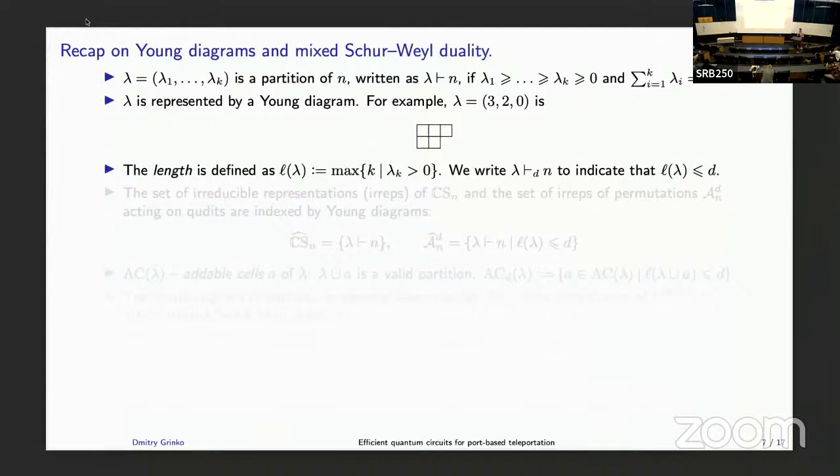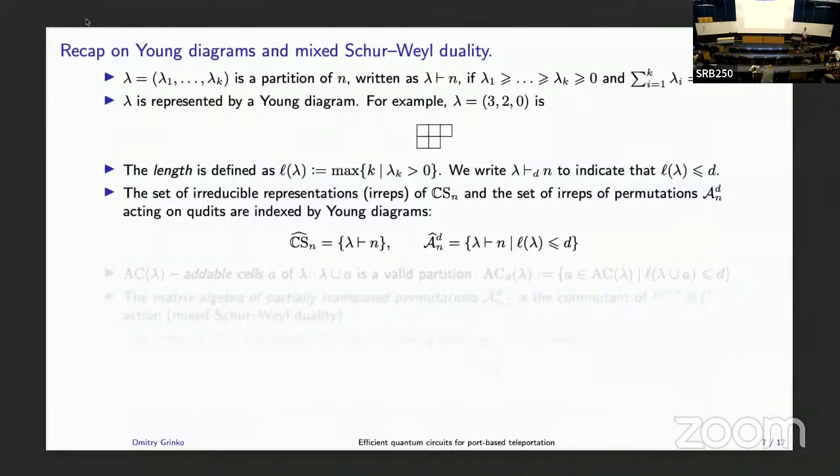We also can talk about the length of the Young diagram, or the length of this tuple of integers lambda_1, ..., lambda_k, or equivalently, the number of rows in the Young diagram. It turns out that in representation theory, those Young diagrams are very important, and they label the irreducible representations of the symmetric group acting on qubits.